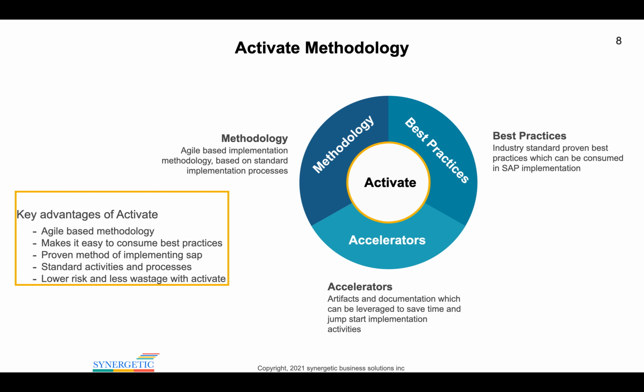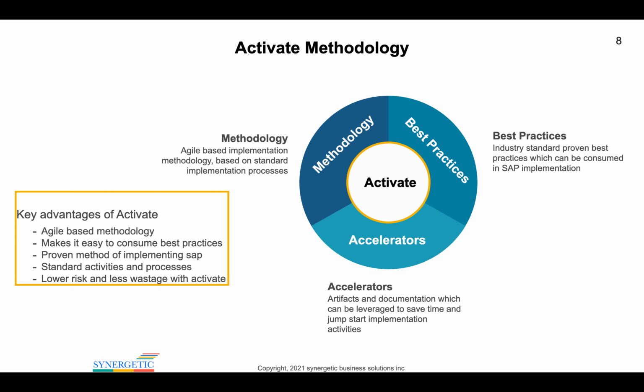And the accelerators are artifacts, or documentation, or even a little bit of additional help information for you to jumpstart a specific activity described in the methodology. So all these put together make Activate.